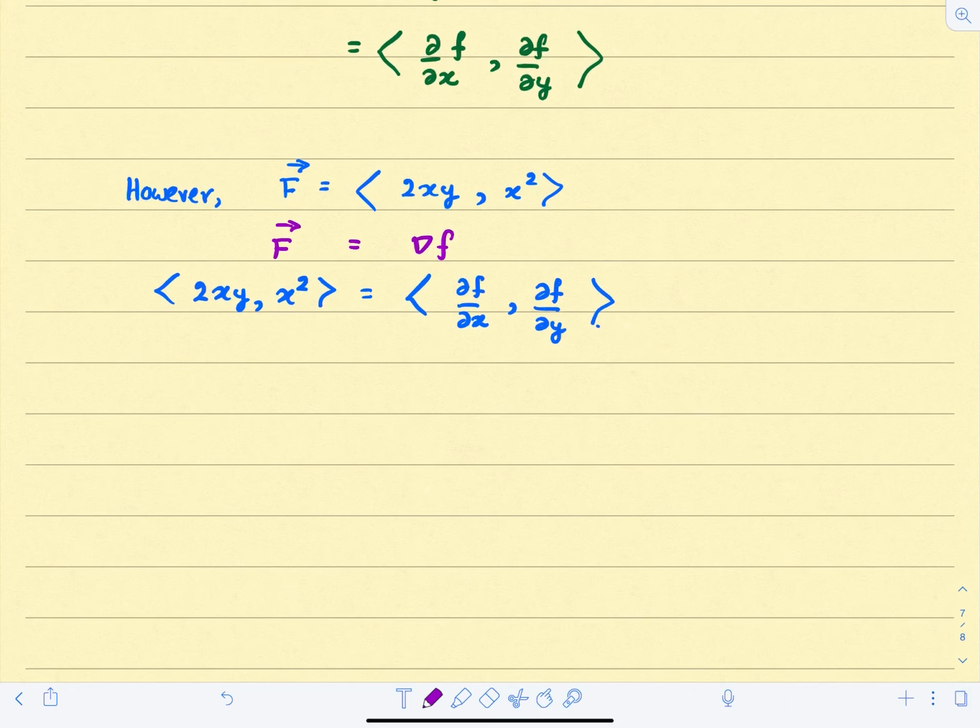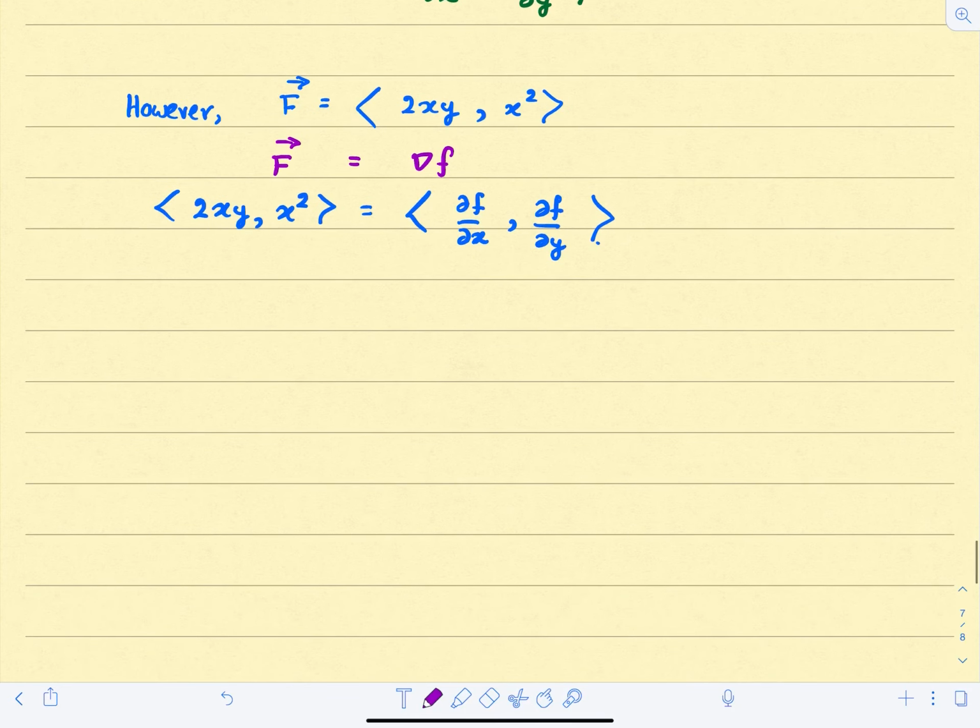So since f is conservative, we have this equation. Now I have two vectors that are equal to each other. So from this, the first component of the right hand side equals the first component of the left hand side. This means partial f over partial x should be the first component, which is 2xy.